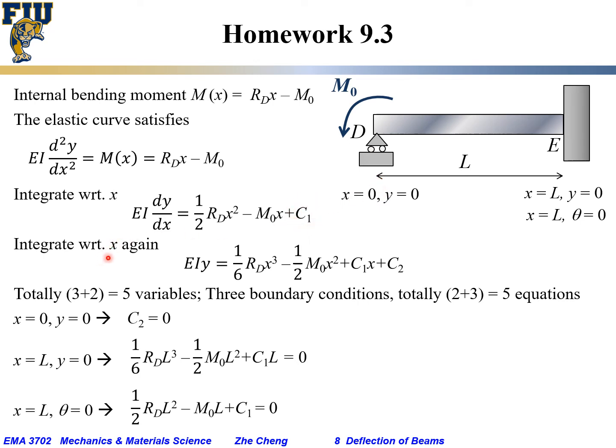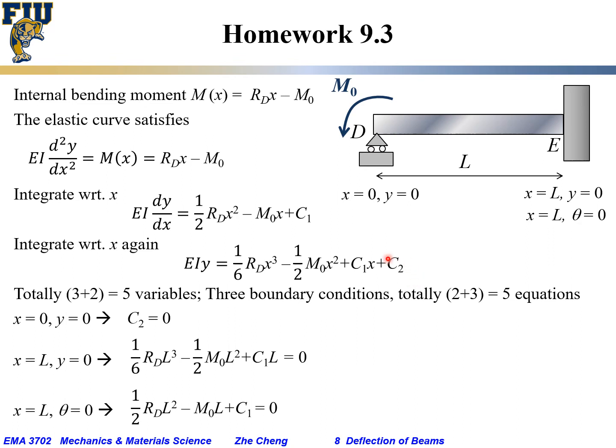And if we integrate with respect to x again, we would have the local deflection y times EI would be 1 over 6 Rd x cubed minus half M0 x squared plus C1 x plus C2. Okay, now we have an additional integration constant C2.